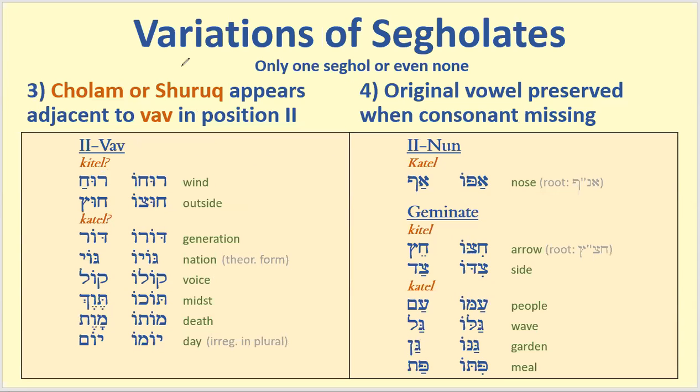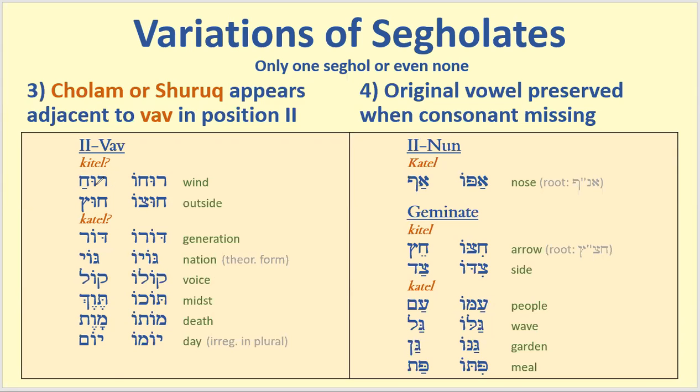All right, here's another category of variations of segolates, words that some of you may not even have ever recognized as segolates. What happens if a vav shows up in the middle of a segolate? Well, it's some interesting stuff. Look, for example, at the word ruach. Bet you had no idea that that was a segolate.